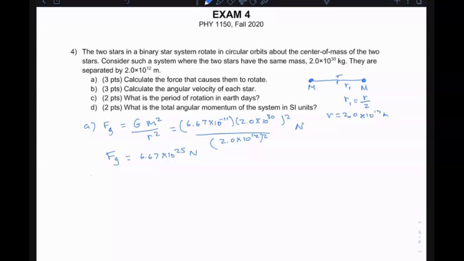Part B. In Part B, we're asked to calculate the angular velocity of each star. Well, the force that one star exerts on the other, which we just calculated, causes the other star to rotate around the circle of radius r1, which is equal to the total distance divided by 2.